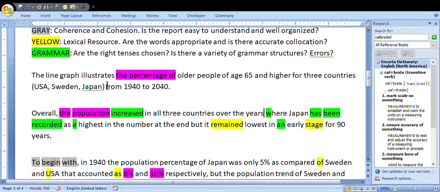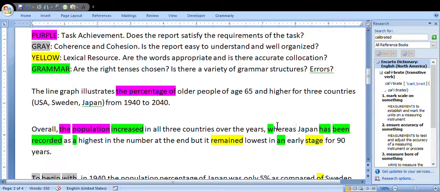Okay, wait, I want to undo that. Let's go, okay, where? Okay, not where, whereas. Japan, and then you're missing a comma there. Again, has been recorded. Has been recorded. How about, again, this is one thing about this time. When will Japan have the highest number? In 2040. 2040.